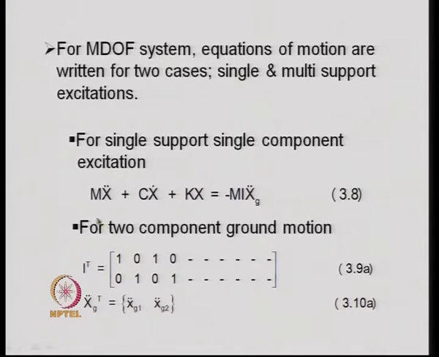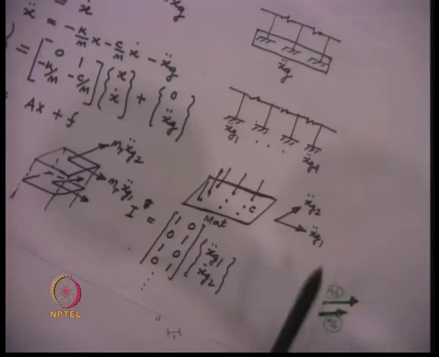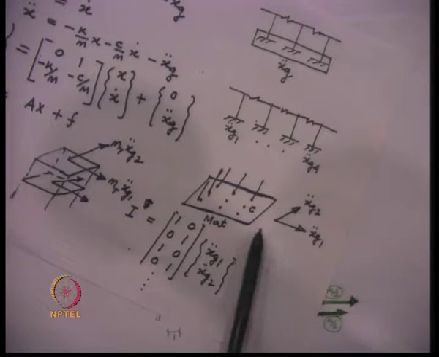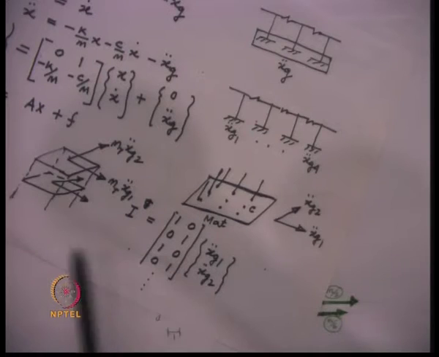But if we have a two component ground motion, then the influence coefficient vector I can be written like this. For example, this is a system in which you have two ground motions, one in this direction, the other in this direction.